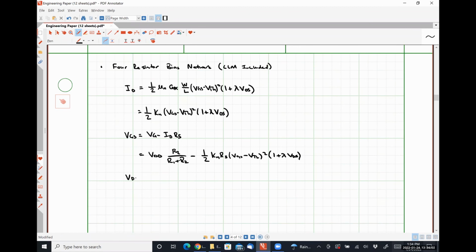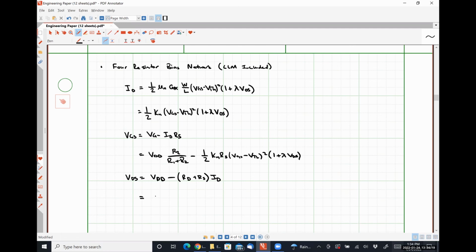We can solve for VDS as VDD minus (RD plus RS) times ID.